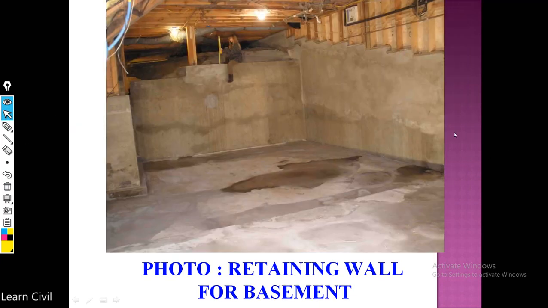Okay, you can again see here, this is a basement area, and in this basement area such type of retaining wall is constructed. This type of retaining wall is constructed for retaining the soil mass on the other side of this structure or building or room.